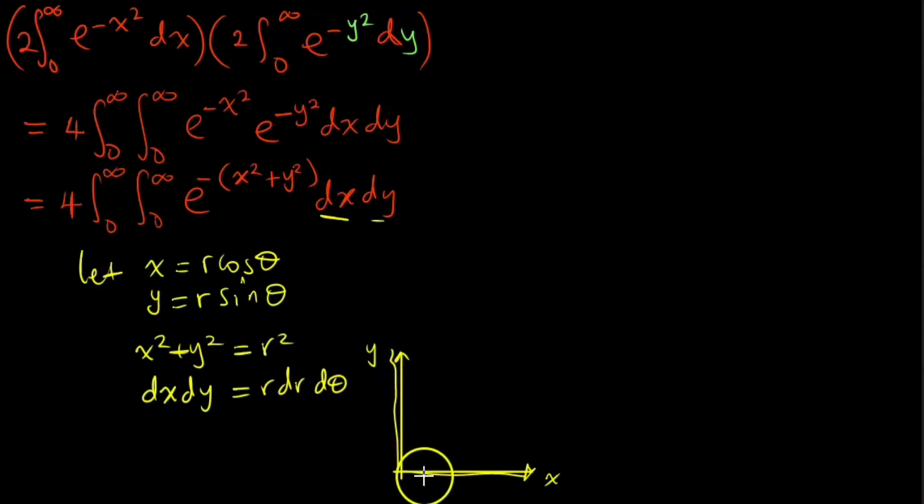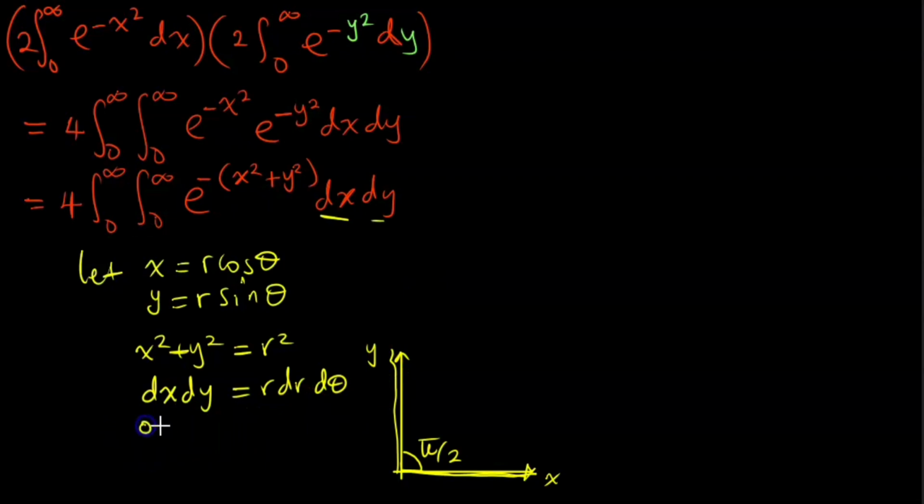On the first quadrant, the angle goes from 0 to pi over 2. Meanwhile, the radius r is allowed to go from 0 to infinity, because the value of x extends from 0 to infinity, same thing as the value of y.